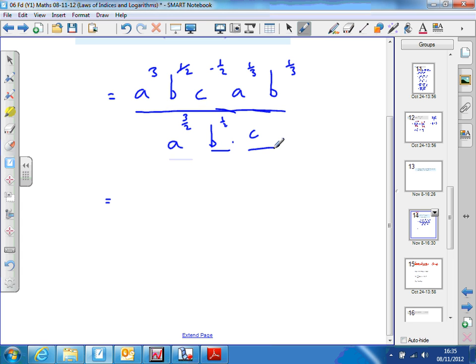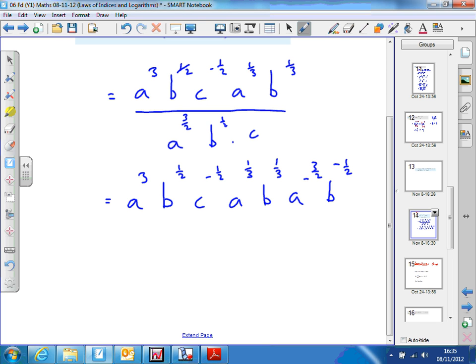So that means I can rewrite this as a cubed, b to the half, c to the minus a half, a cubed, b to the third, a to the minus 3/2 because it's an inverse, b to the minus a half because it's an inverse, and c to the minus 1. So now they're all written as powers.